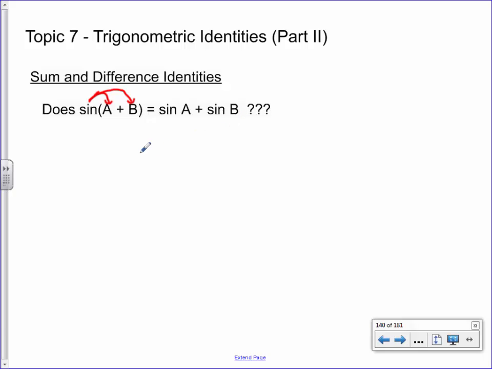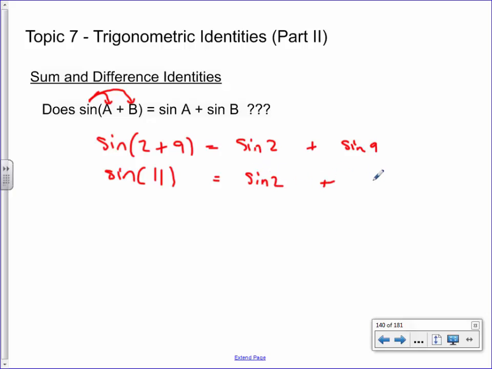So I'm just going to test it. Give me a number for a. 2. Sure. And a number for b. 9. Sure. So what we need to do is figure out whether the sine of 11, because that's what 2 and 9 is, right, is equal to the sine of 2 plus the sine of 9. We're going to see whether these two things are actually equal to each other.